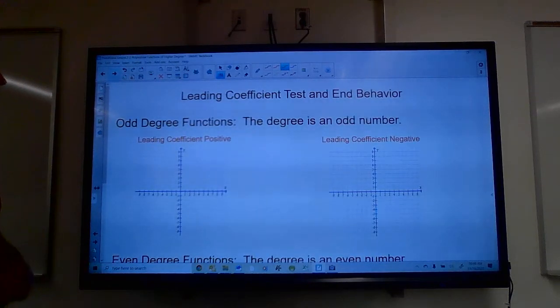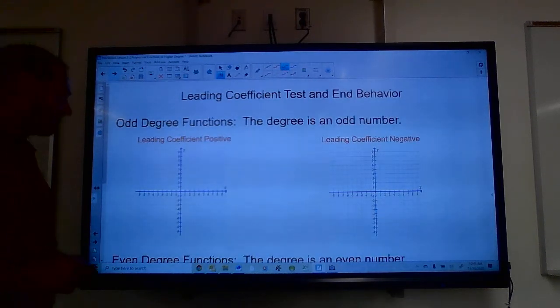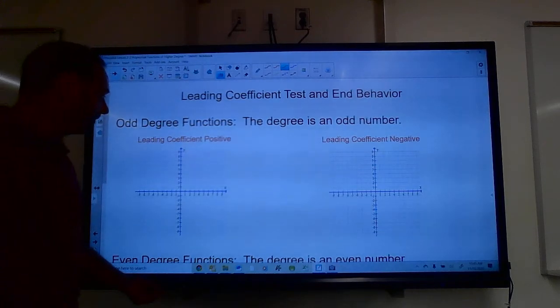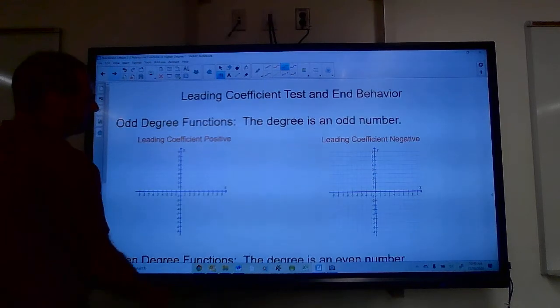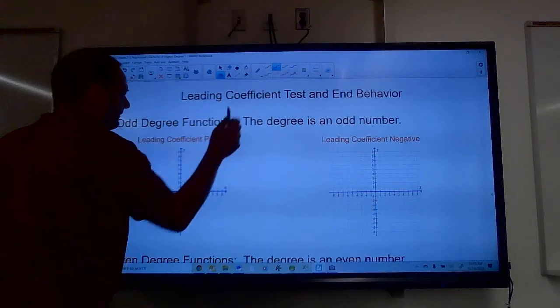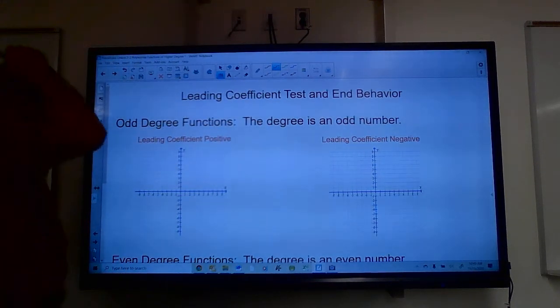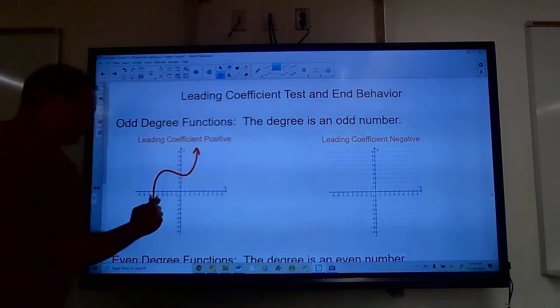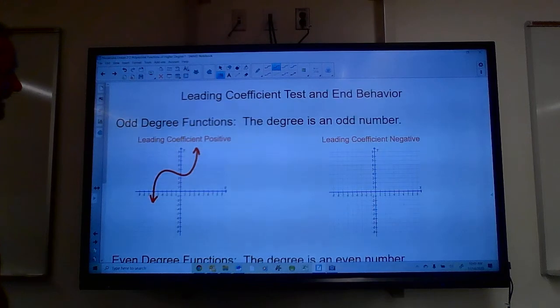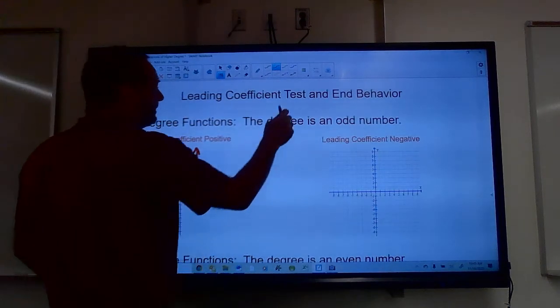Okay, odd degree functions. The degree is an odd number. So if the leading coefficient is positive, a function is going to look something like this. If it's an odd function, it's going to look something like that. Okay, that would be a cubic right there. Now, it could be a fifth power.